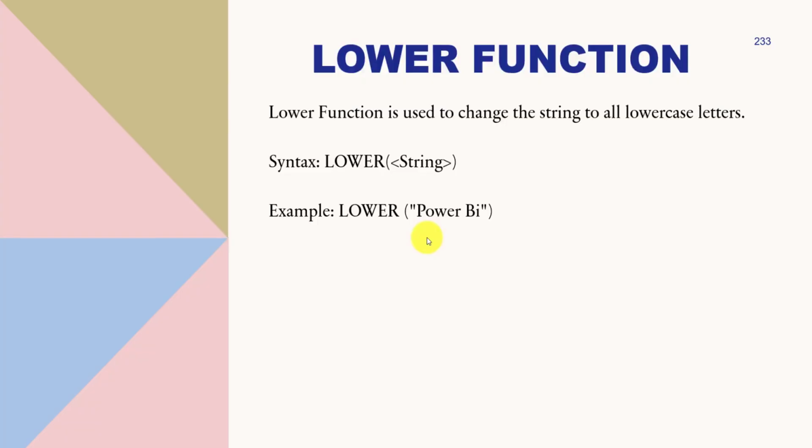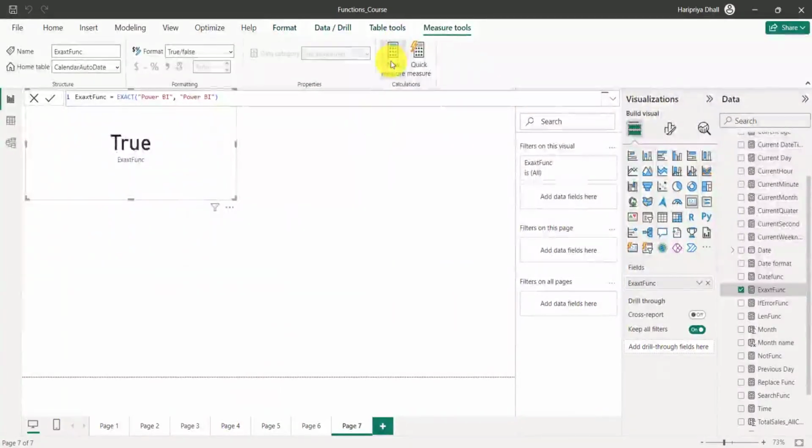The next function is the LOWER function. This function is used to change the string to all lowercase letters, and it accepts only the string parameter. You can see the example of the LOWER function. Now we will create a new measure.